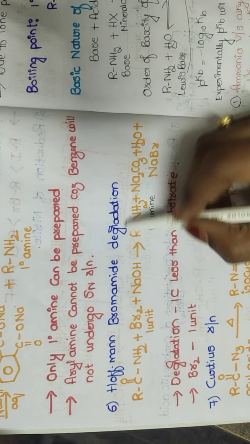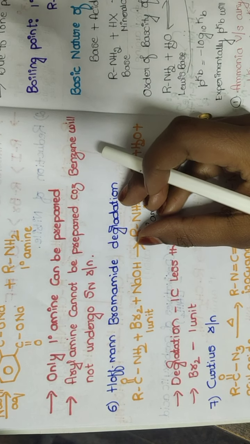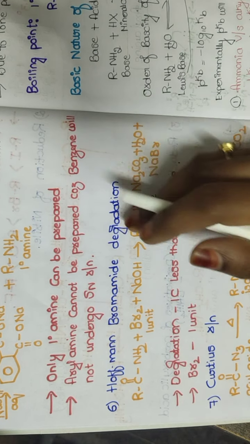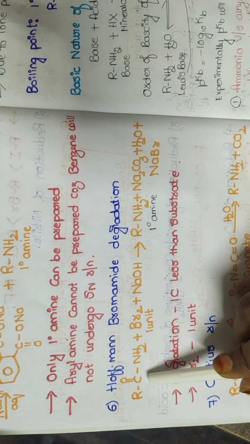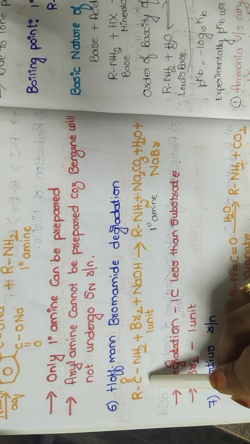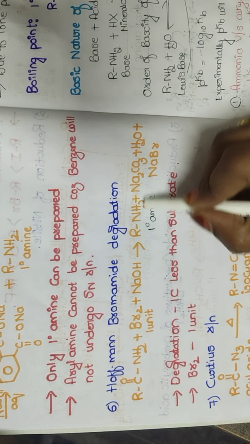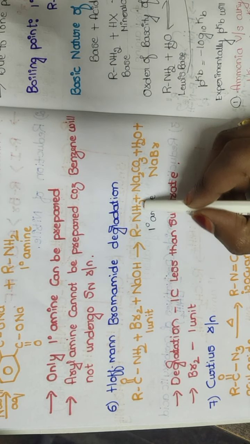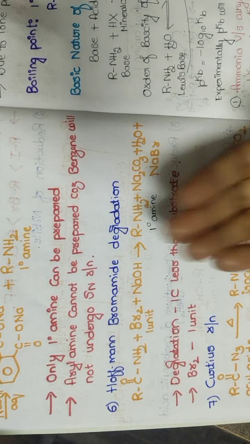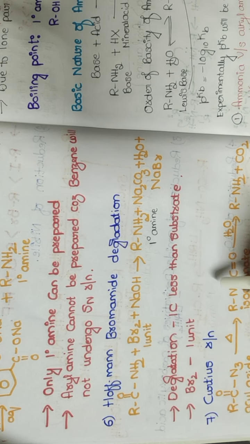It is called a degradation because I'll end up with a product which has one carbon less than the substrate molecule. So here you can see the substrate RCONH2, whereas the product I'm getting is a primary amine, RNH2, where the carbon is removed.